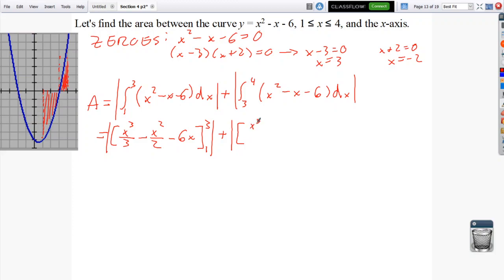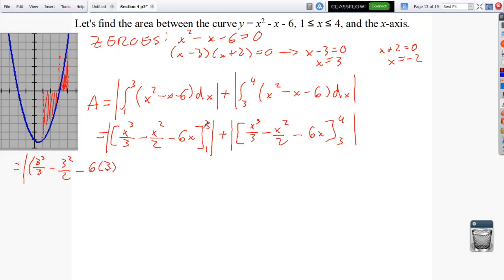This becomes x cubed over 3 minus x squared over 2 minus 6x. And just to emphasize why I did that so fast, I just copied it from the first interval for 3 to 4. Now, yes, I do have to be super messy about it. Absolute value of 3 cubed divided by 3 minus 3 squared divided by 2 minus 6 times 3.